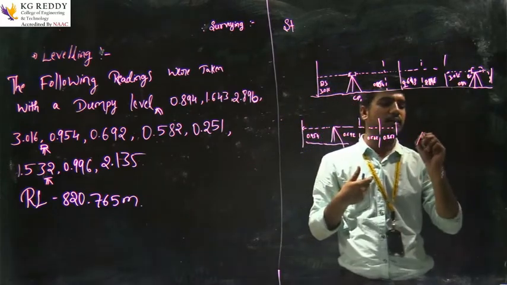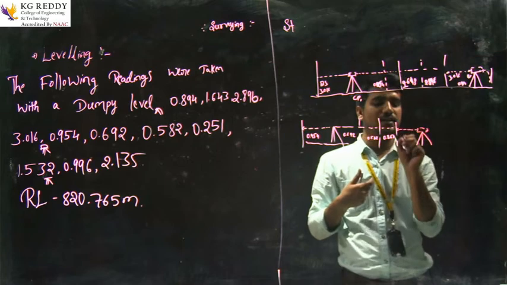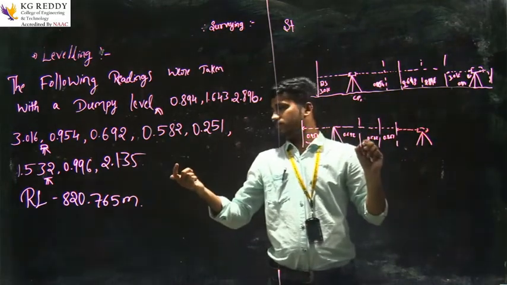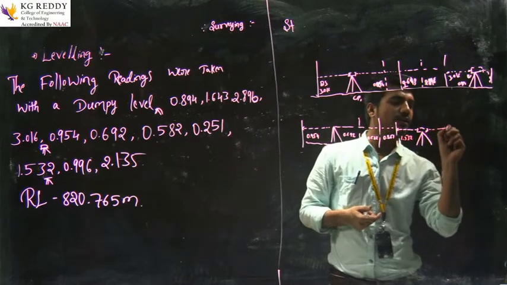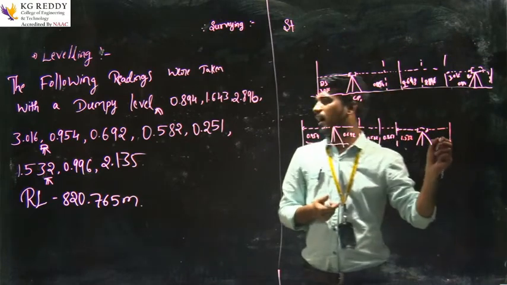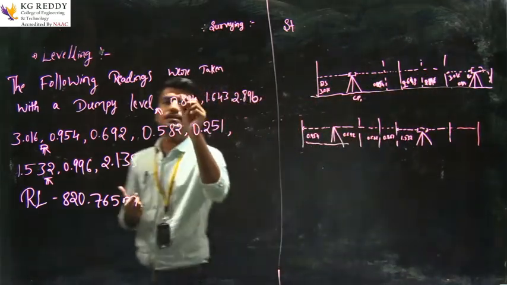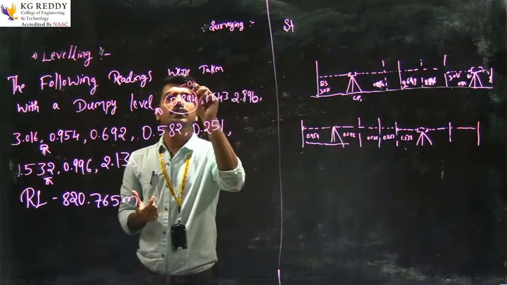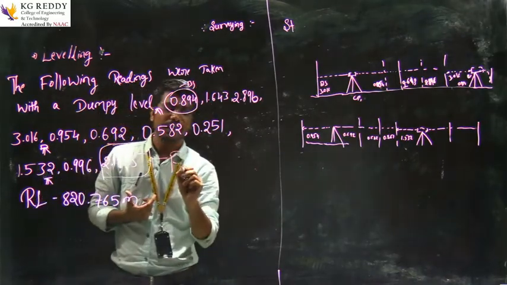Again the instrument will be shifted for leveling, and it is taken as a back side reading of 1.532, and again it is connected as IS and FS. Remember, the first reading is the back side, and the last reading is always the foresight; keep it in your mind.